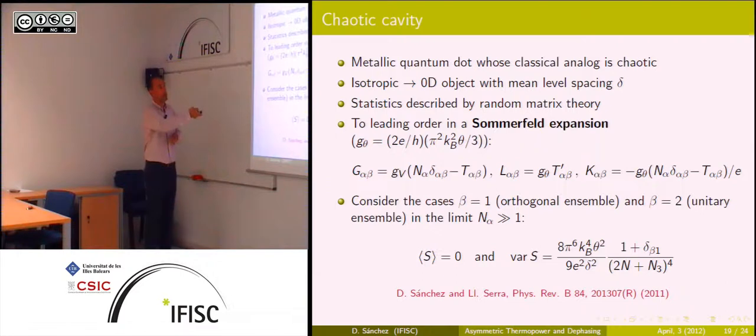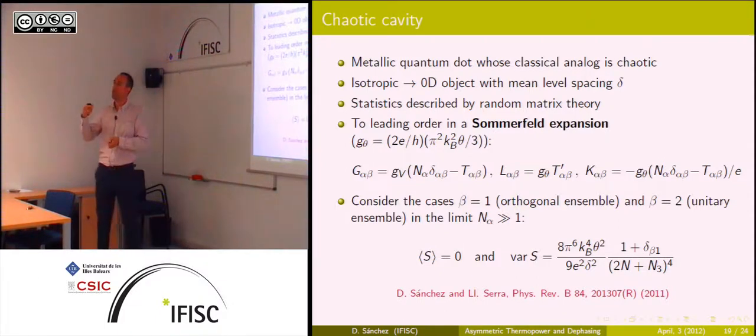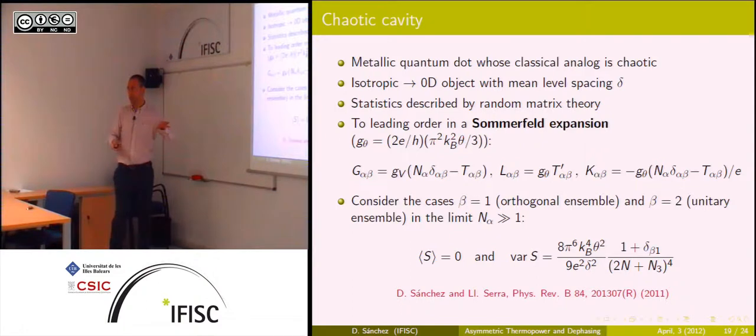Why? Because the thermopower, in this Sommerfeld expansion, is given roughly by the derivative of the transmission divided by the transmission. Now, for the transmission of chaotic cavities, you have to make an ensemble over many samples. For some samples, the derivative of the conductance is going to be positive, and for some of them it will be negative. So, on average, the thermopower is zero. But on top of this average, there are fluctuations which have a quantum origin, and the fluctuations are non-zero.